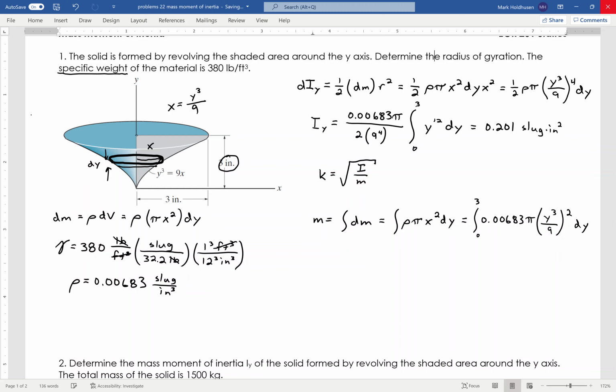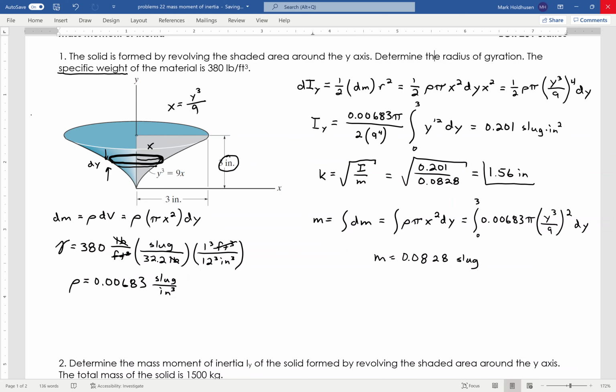Okay, and this tells me that the mass of this, when I add up all of the dm's of each of those disks, the total mass of this guy is 0.0828 slugs. Plug that into here, I get the square root of 0.201 divided by 0.0828, and I get the radius of gyration equal to 1.56 inches.